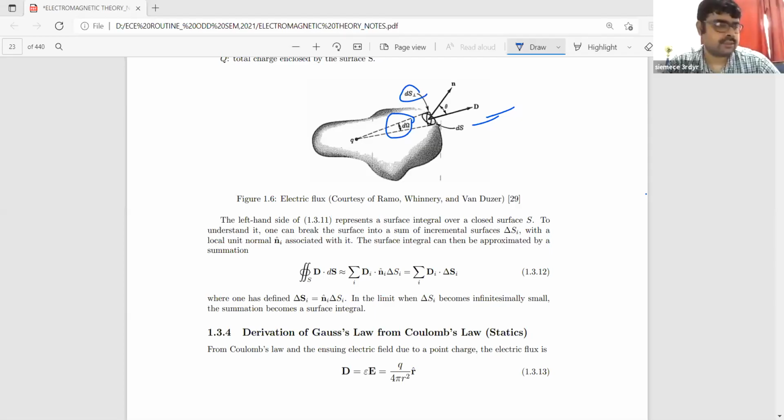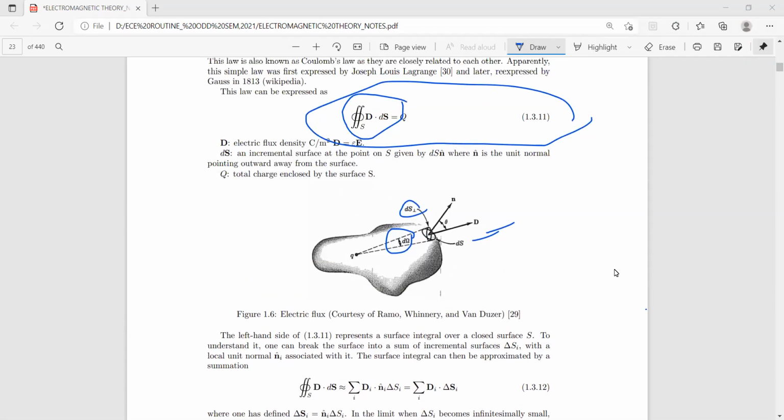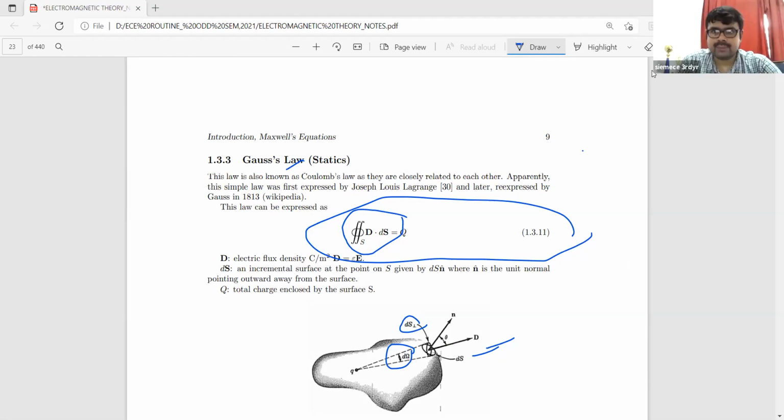Kunjan, after completion of this Gauss law, I will terminate the class for today due to the bad network. Next week we can continue the discussion and we'll make up this class, because today the internet connection is pathetic. In college there is no net, I am using my mobile net.